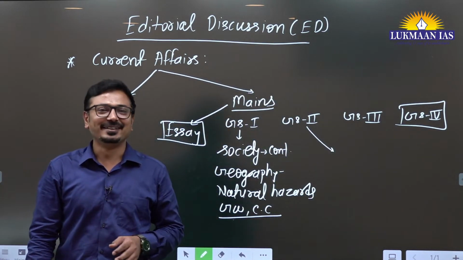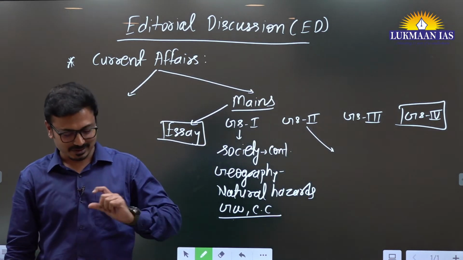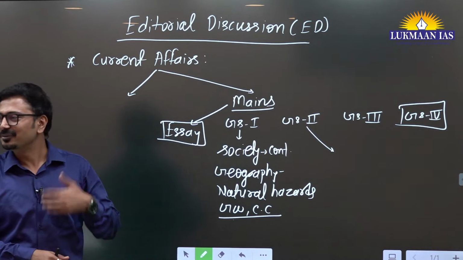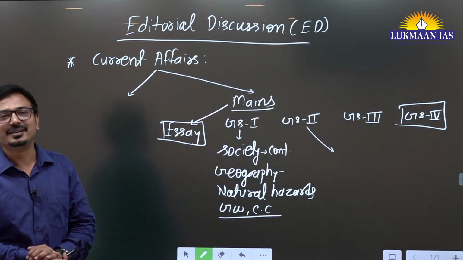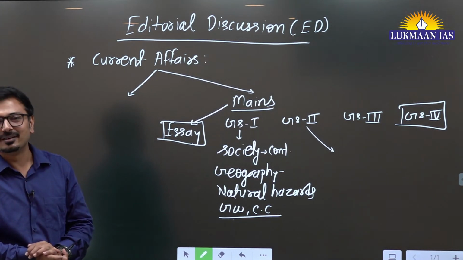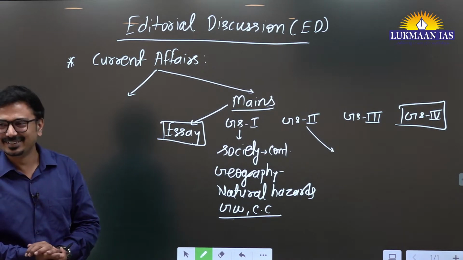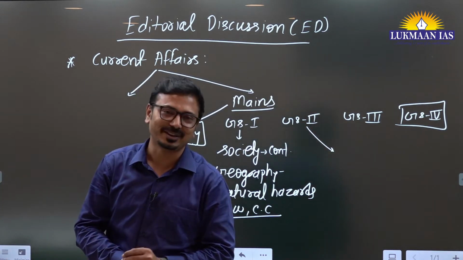Whatever they have learned, they know one simple structure: social, economic, political, geographical, historical, cultural, and they will write the essay. And then they will do international, national, regional, local. Essay done, right? But such a structure is not feasible in a philosophical essay, no.